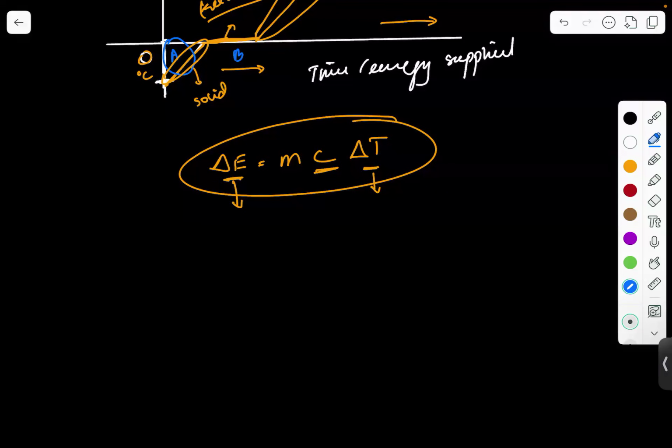This is why specific heat capacity is important, because it allows for a constant, stable environment.